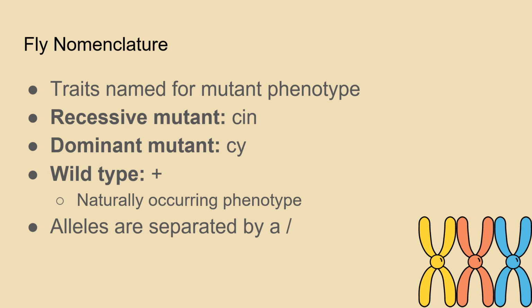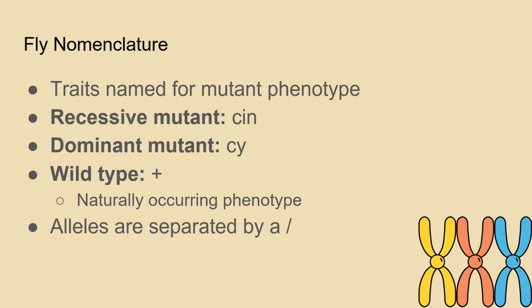Up until this point, we had talked about Mendelian genetics. So now I'm just going to mention fly nomenclature. This differs from Mendelian genetics in that traits are named for the mutant phenotype. The recessive mutant will be written as such, like the sin, and then the dominant mutant will be written as the psi or whatever.